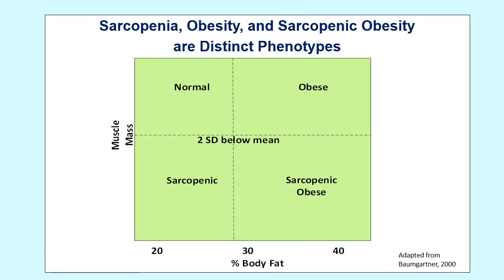To further distinguish phenotypes, I want to compare the percent of body fat, which you see on the x-axis, with the amount of muscle mass, which you see on the y-axis, to identify different phenotypes, both in the state of normal weight and in the state of obesity.